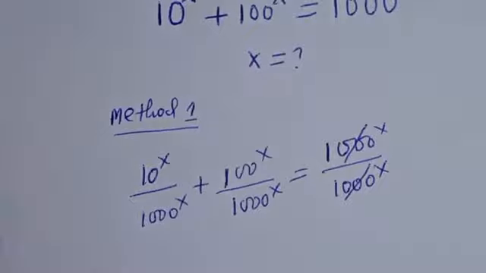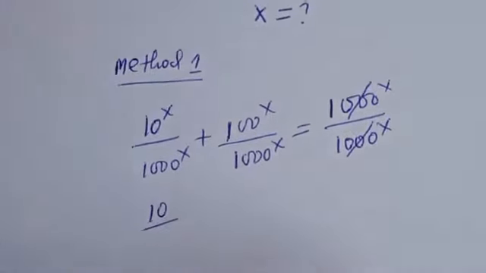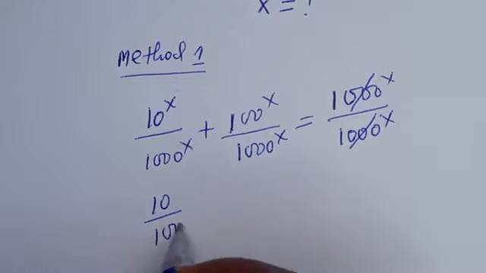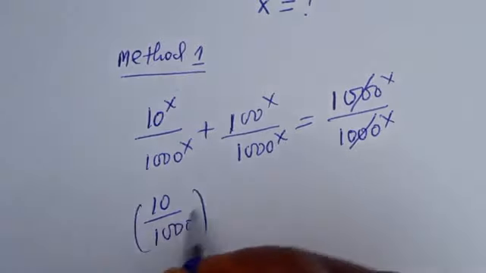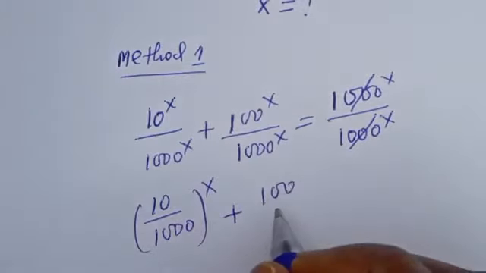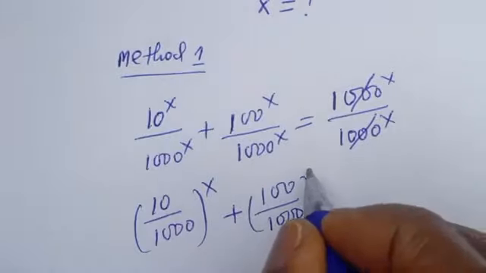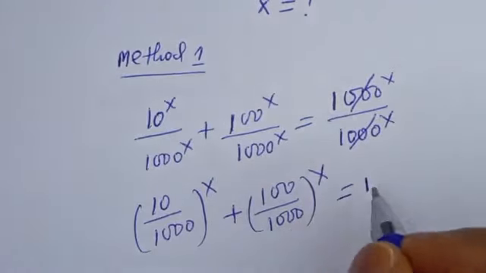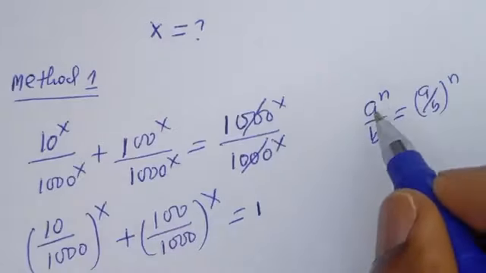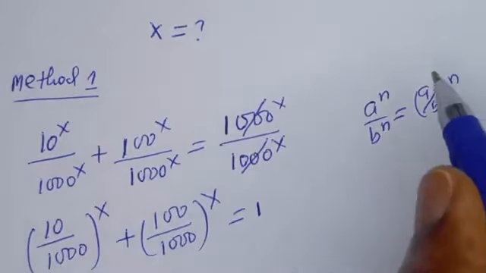This will cancel this. Then we have 10 divided by 1000 all to the power of x plus 100 divided by 1000 all to the power of x is equal to 1. That is, if you have a raised to power n divided by b raised to power n, this is equal to a over b to the power of n.